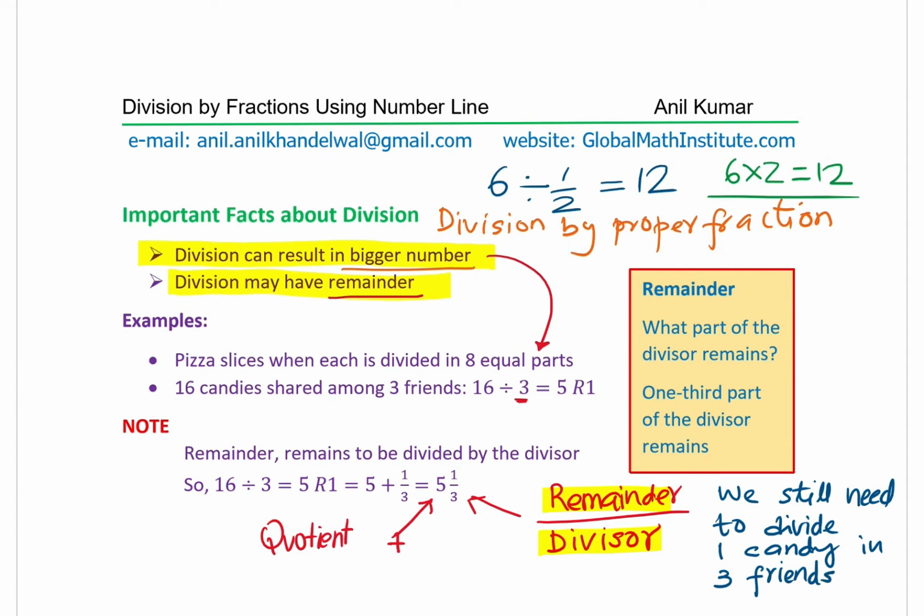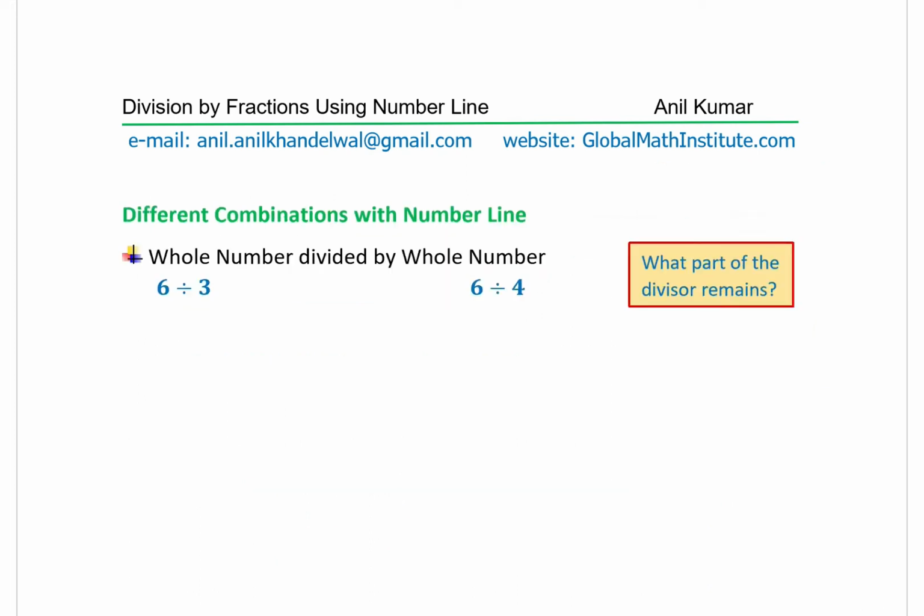So that is what remains, and that is what is called remainders. So I hope you're getting the concept of remainder. And in the answer, that is the influence. Perfect. Now, with this in mind, let's begin with our exercise of using number line to divide.